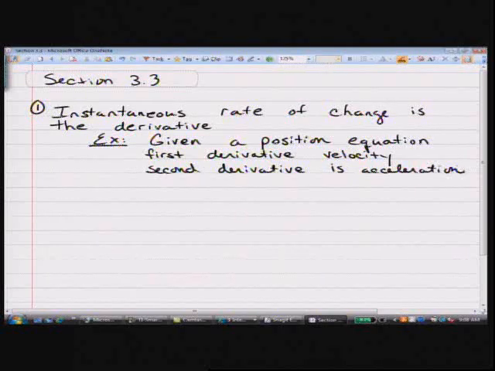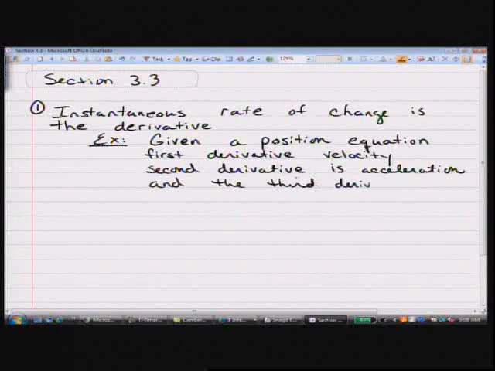And then finally, your third derivative is jerk. Okay, so it's kind of the rates of change: change in distance over time, change in velocity over time, and then change in acceleration over time.